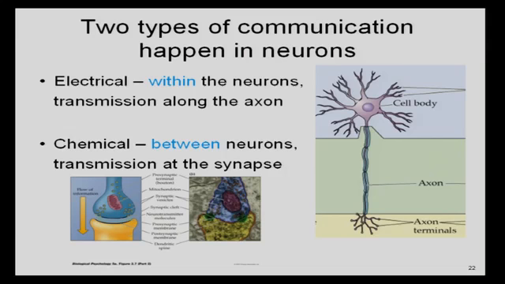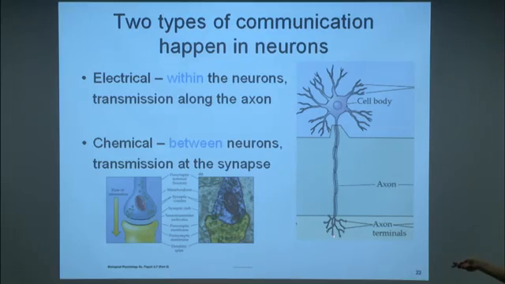Okay, so we have to jump back to the 30s, where the electrical properties of the neurons were well known. But it was unclear exactly how one electrical potential jumped to the next neuron. We could certainly record here and measure these electrical potentials, but it wasn't clear exactly how this electrical potential was getting from the axon terminal to the dendrite of one neuron to the dendrites of the other neuron.